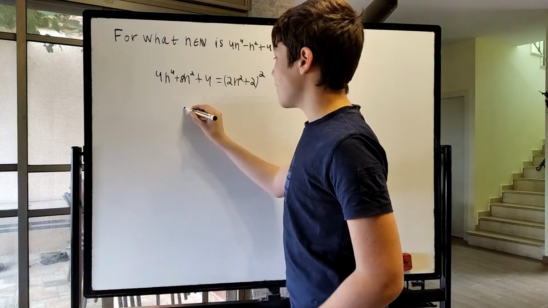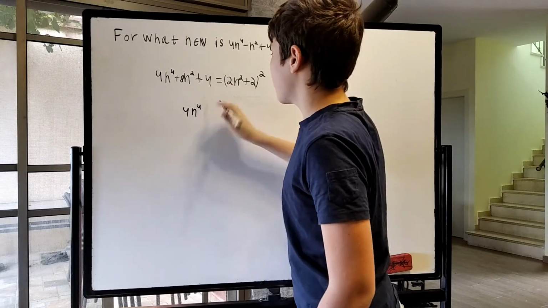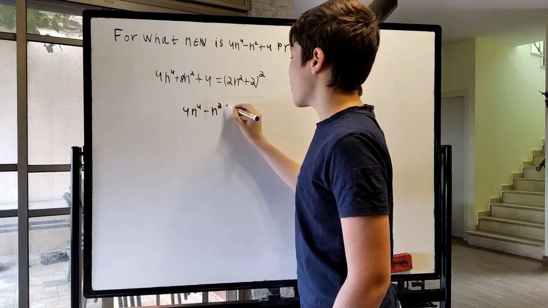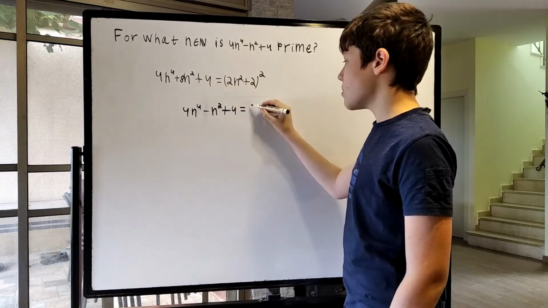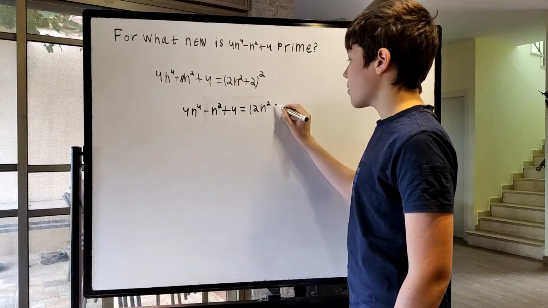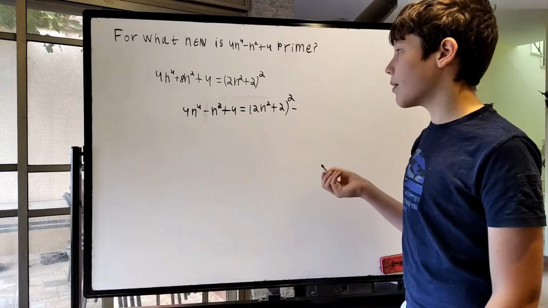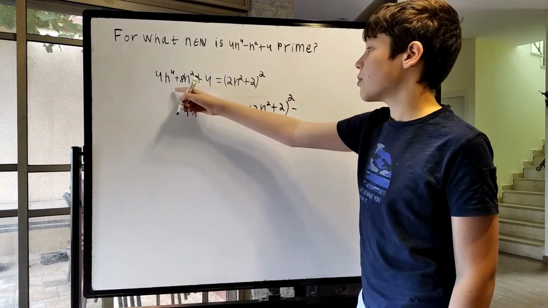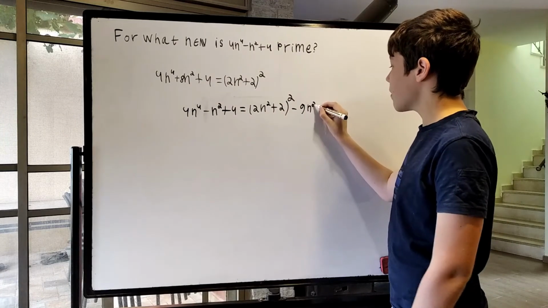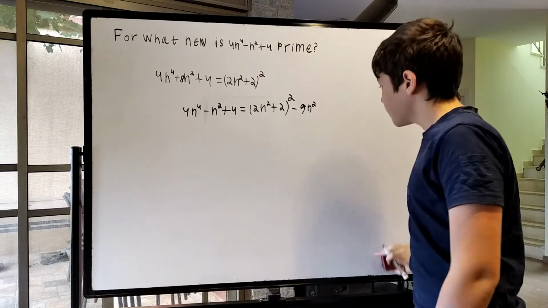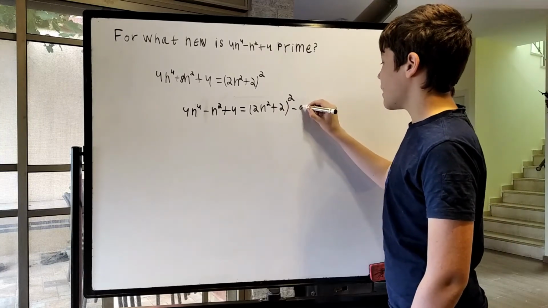So we get that 4n to the fourth minus n squared plus 4 is 2n squared plus 2 all squared minus 9n squared, to account for this minus changing to a plus 8 times. Okay, so this is minus 9n squared.